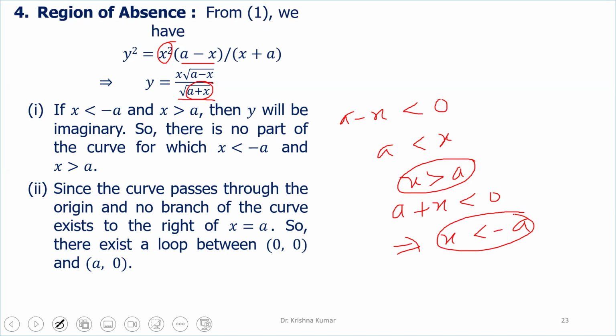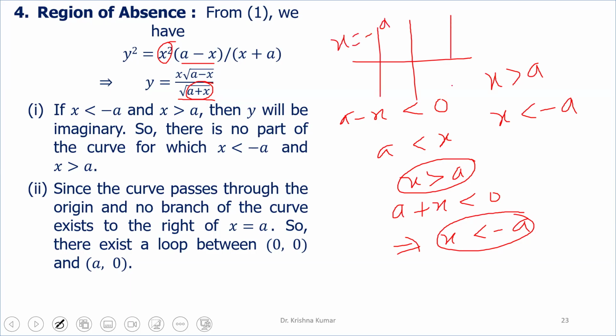So it means that there is no part of the curve for which x is greater than a and x is less than minus a. It means that the curve lies between x equal to minus a and x equal to plus a. This is the reason, and in the remaining part there is no part of the given curve.